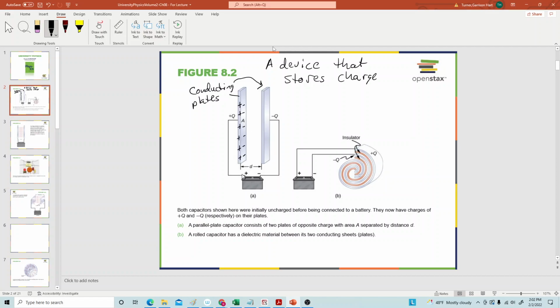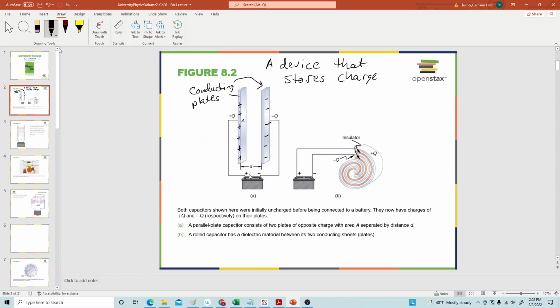But when you connect the conducting plate to the battery, the negative charge is attracted to the positive terminal, and so the negative charge wants to flow through the terminals of the battery, and then the battery expels them and deposits them on the other plate. So that leaves your plates equally positive and negatively charged. Okay? So this process happens nearly instantaneously.